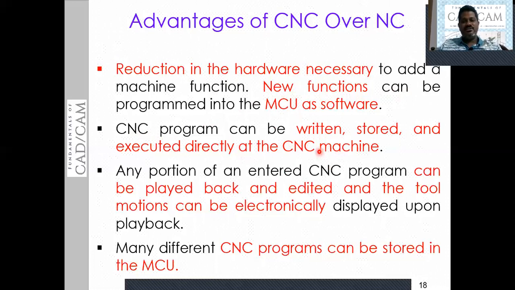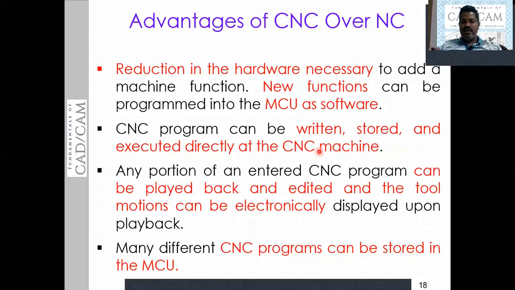As I said just now, if the programmer or the machinist finds any error at the machining location, at that location itself, the error can be rectified and executed. It can be stored, it can be edited. Even if you want, you can write a new program on the machining center, store it and execute it directly at the machining center. This is the best feature of the CNC machining center when you compare it with the NC, numerical control.